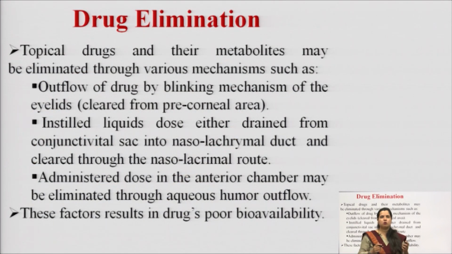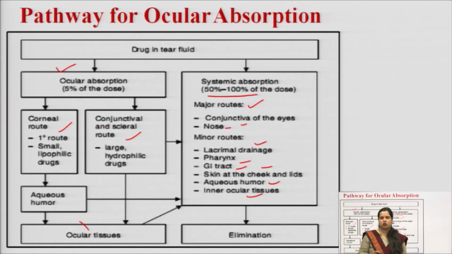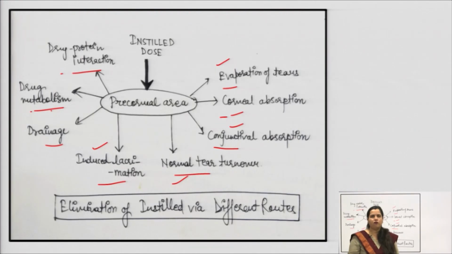As you see in the last picture, only 5% is absorbed via the cornea and the conjunctival sclera. So, we have to target this approach, corneal, scleral or conjunctival, for maximizing drug absorption within the eye, and then the drug will be eliminated accordingly.